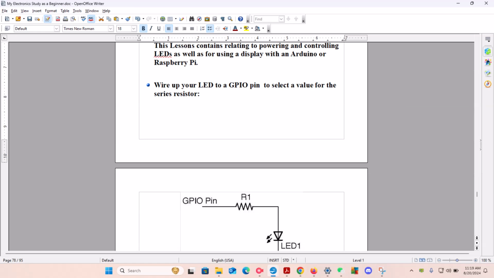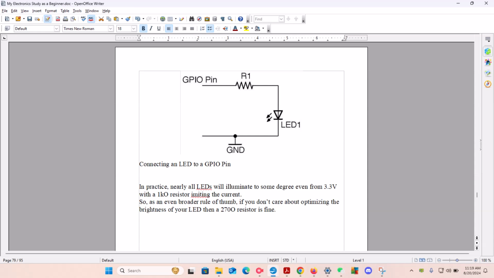So to wire up your LED to a GPIO, a general purpose input-output pin, you need to select the value for a series resistor. The GPIO is usually going out from the main chip to a breadboard or another IC. So you take the pin, which is regulating the voltage, and that pin goes through a resistance.